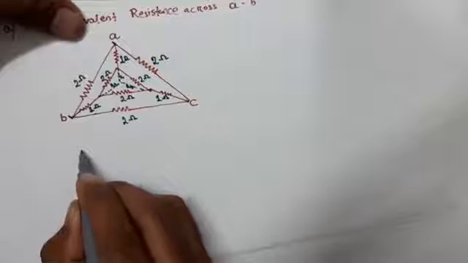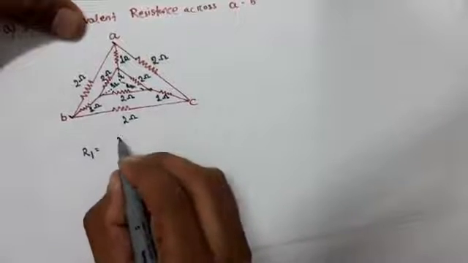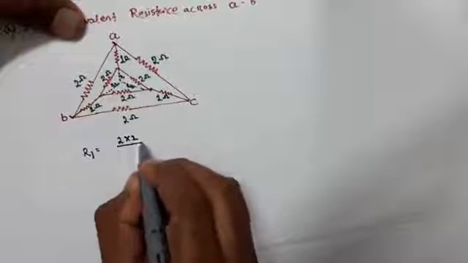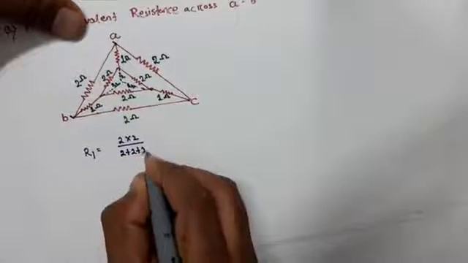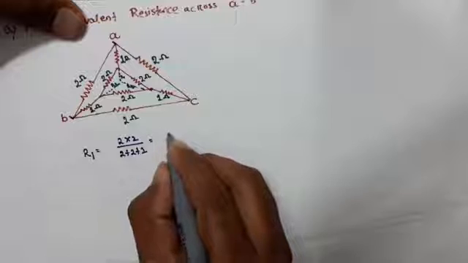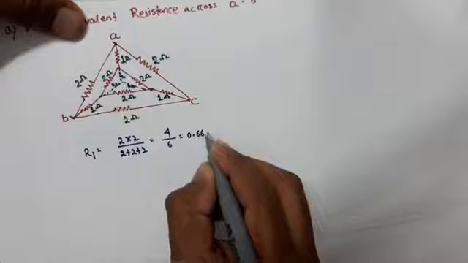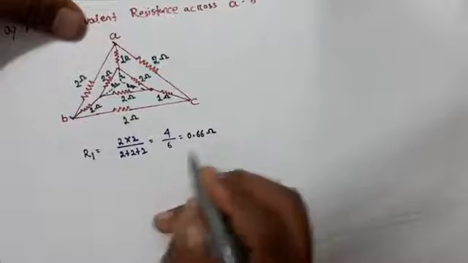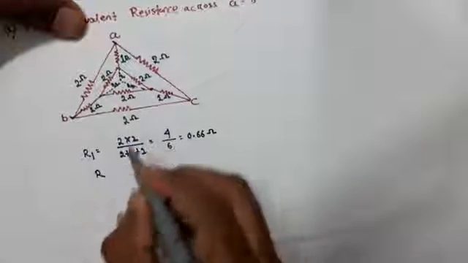According to the delta conversion, R1 equals this into this divided by the sum of all, 2 plus 2 plus 2. That is 4 by 6, which is equal to 0.66 ohm.